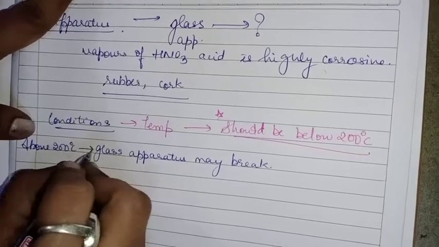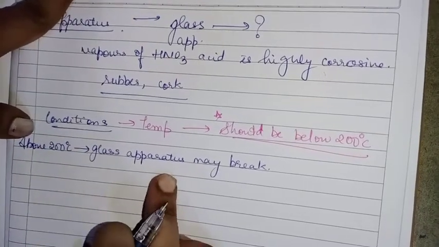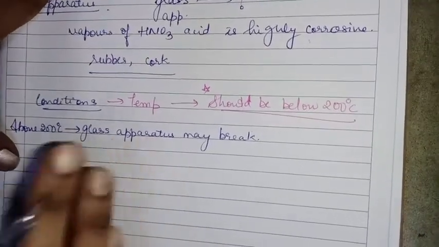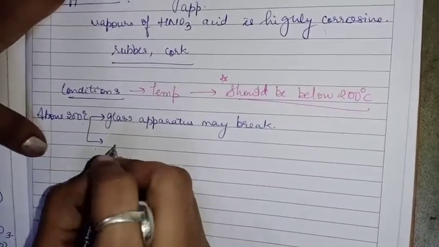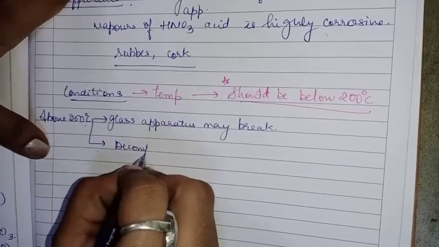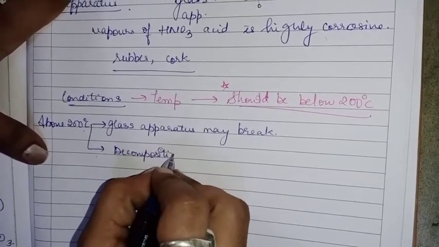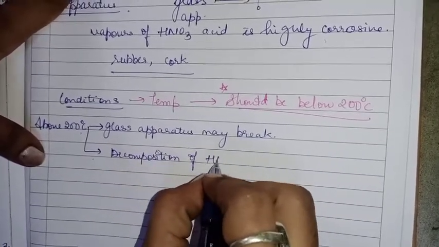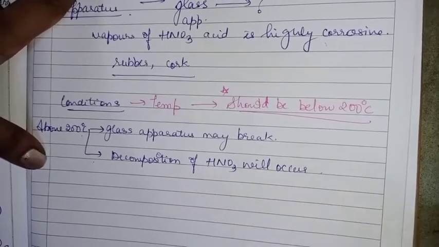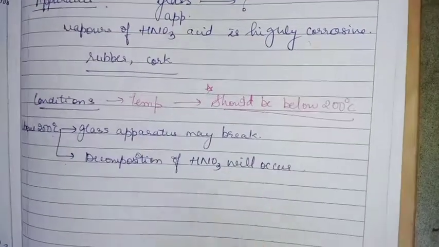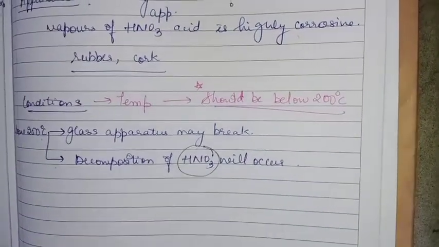That means if we go above 200 degrees Celsius, what will happen? The glass apparatus may break. Further, above 200 degrees Celsius, decomposition of nitric acid, HNO3, will occur. We don't want it to decompose, because we want to prepare this. This is our result.